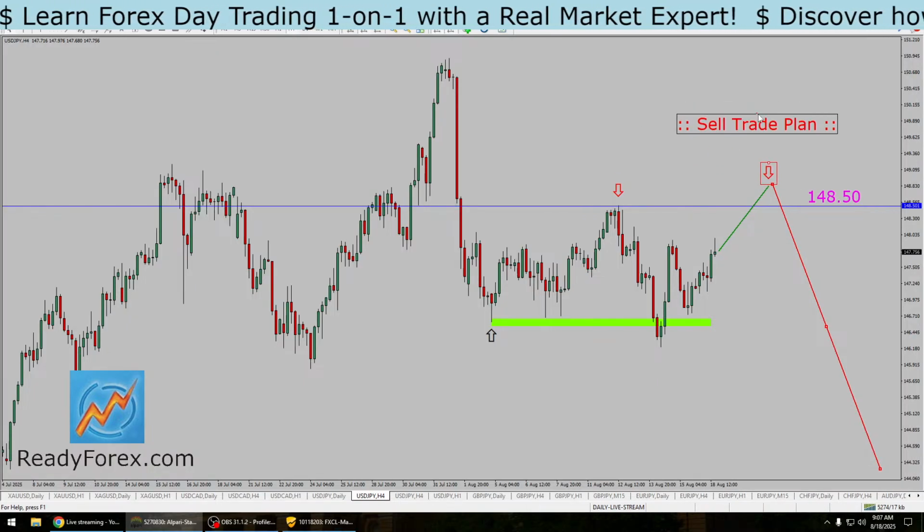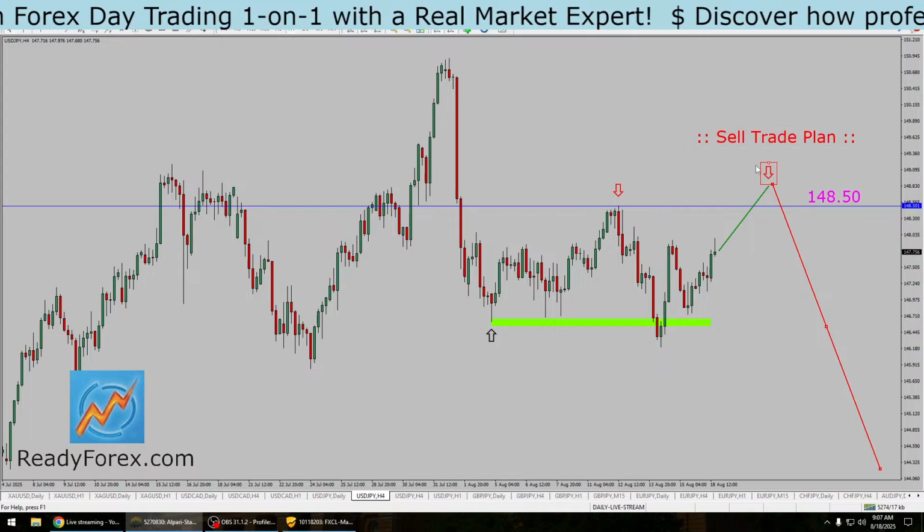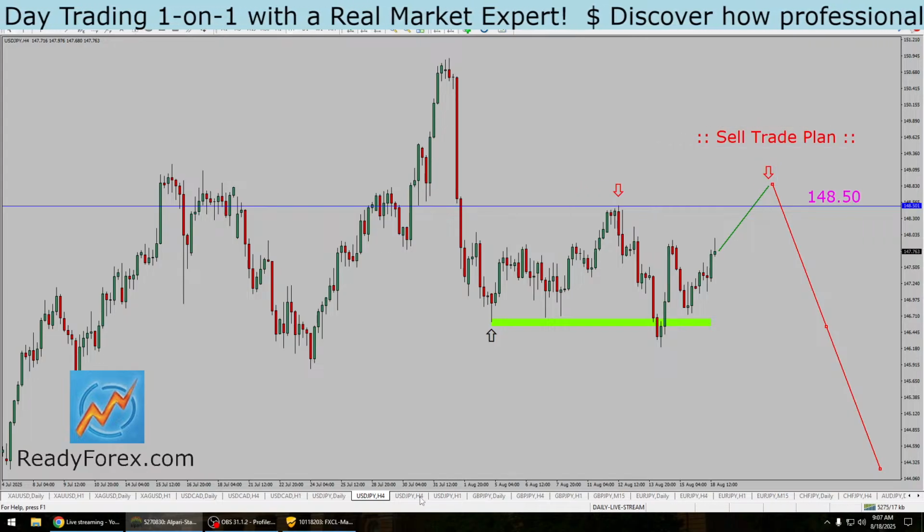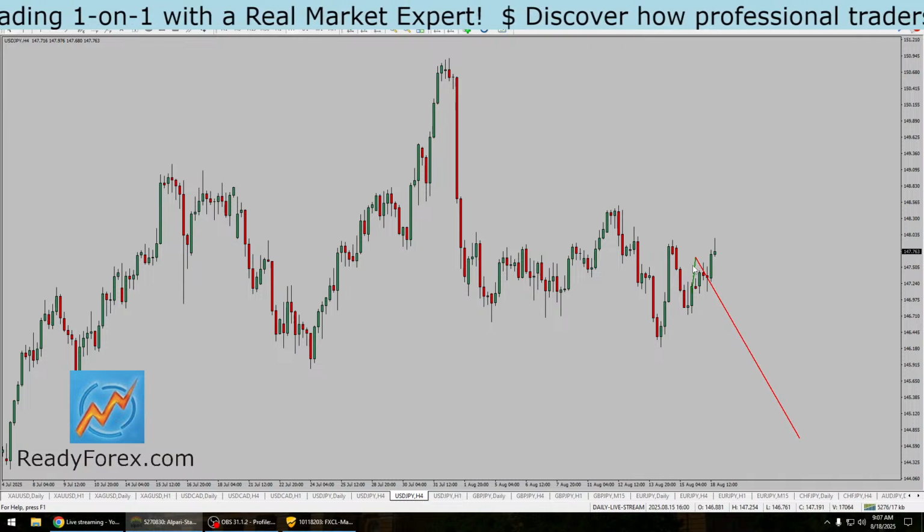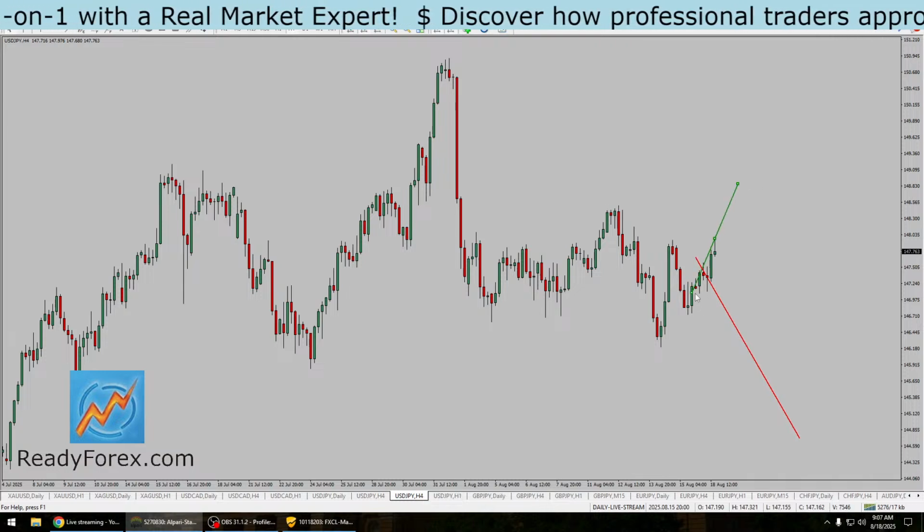Okay, this does not mean that you look for a buy trade. No buy trade, the trend is down. So wait for a bullish leg over here.